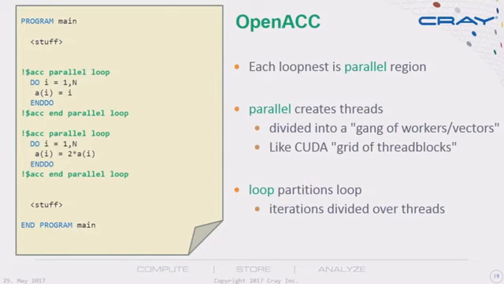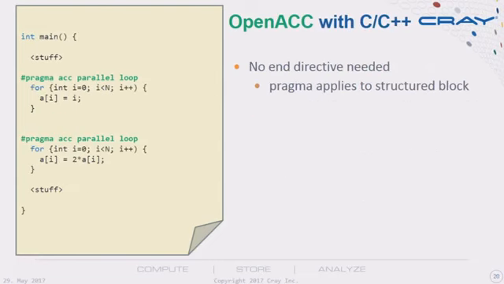I mean, it's related to that one. And the loop again tells the compiler that the following loop should be distributed over the threads. Same example for C++. We just do not need to take care of the closing statement.